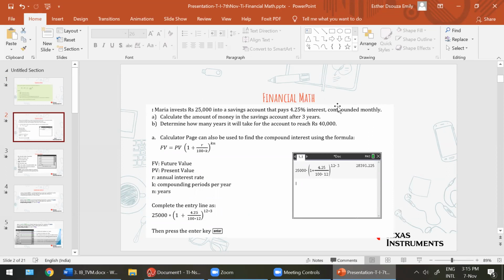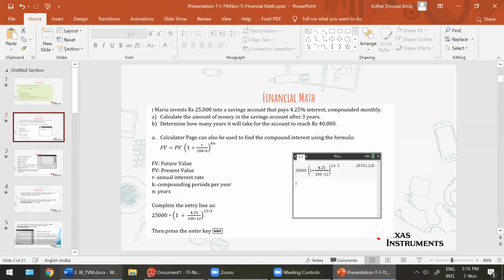Because it is compounded monthly, and you are calculating the amount of money in the savings account after 3 years, you will now know that you need to multiply the number of years by 12. So just multiply this by 12. Go ahead and try this out in your calculator and please click done if you have done it successfully.